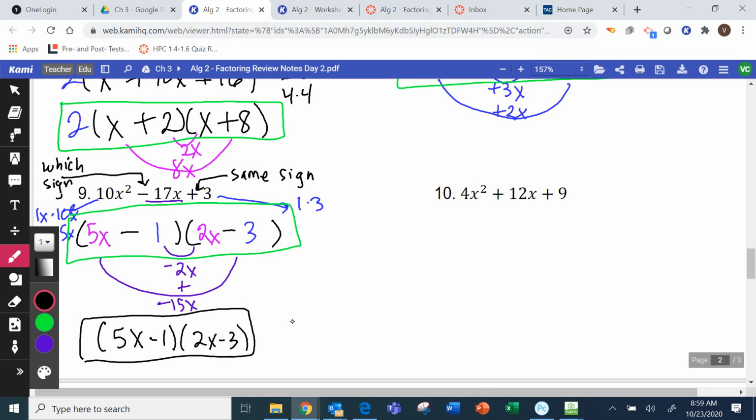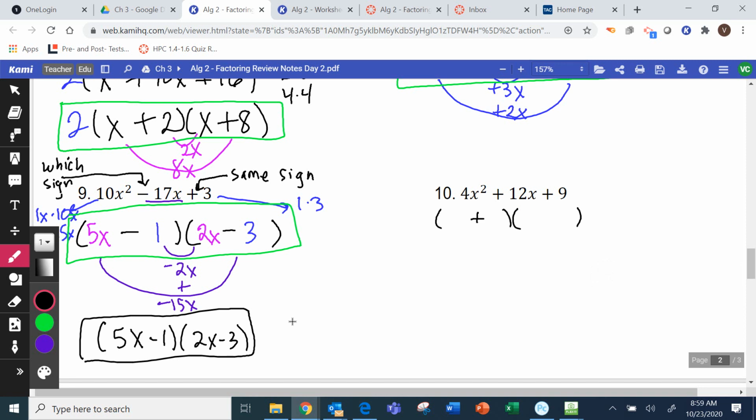No. Very good. So almost, just there's something small, not quite right. There you go. Very good.